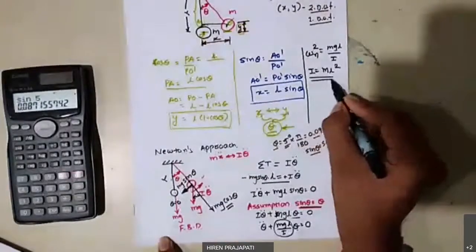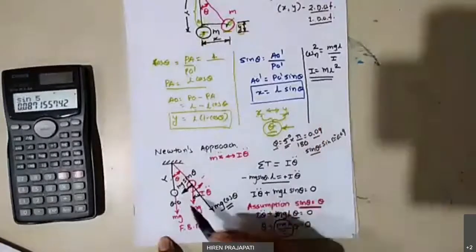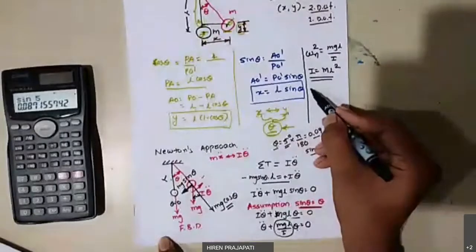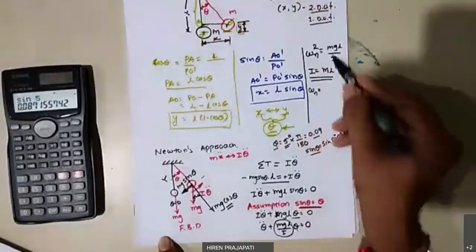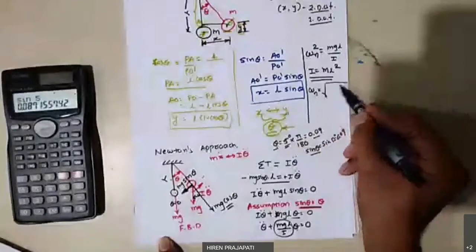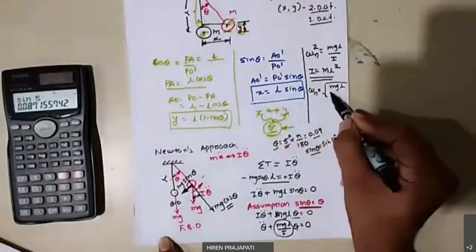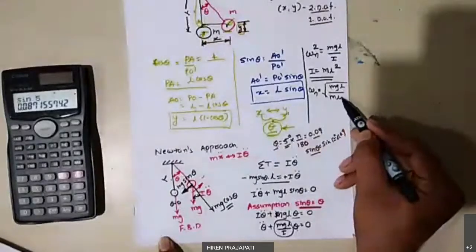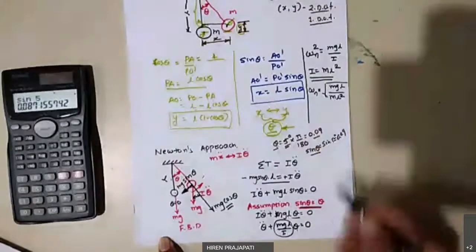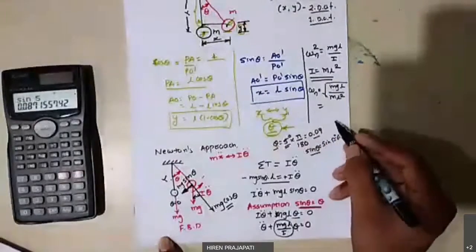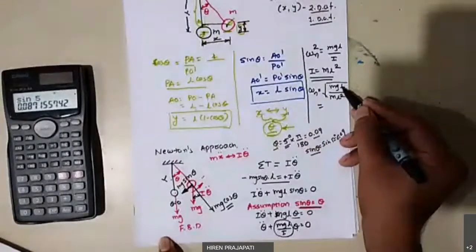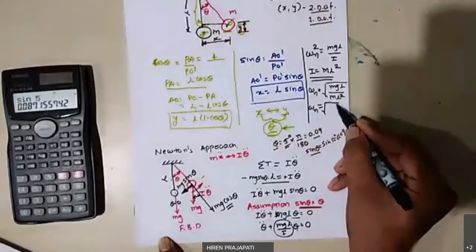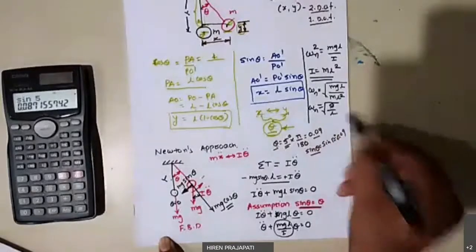This is the mass moment of inertia equation for this pendulum: m l square. Now I can write omega n as the square root of mgl divided by m l square. Then m cancels out, and one l and another l cancel out. The final equation of natural frequency is root of g by l.